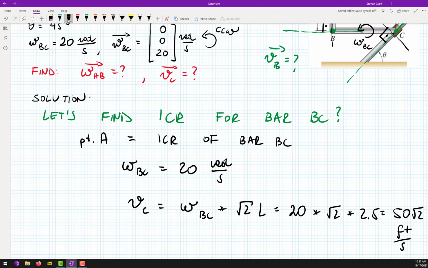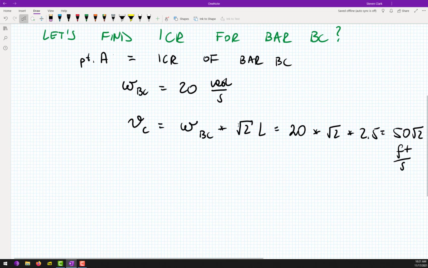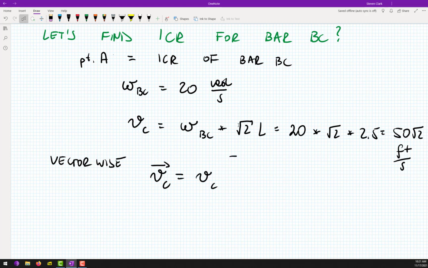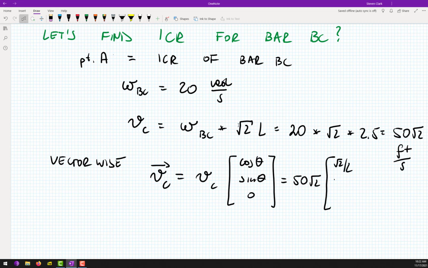Okay, but we found the magnitude. So now let's do it vector-wise. Our VC will be equal to Vc times cosine theta, sine theta, 0. Plugging in values, that is 50 square root of 2 times square root of 2 divided by 2, square root of 2 divided by 2, 0.